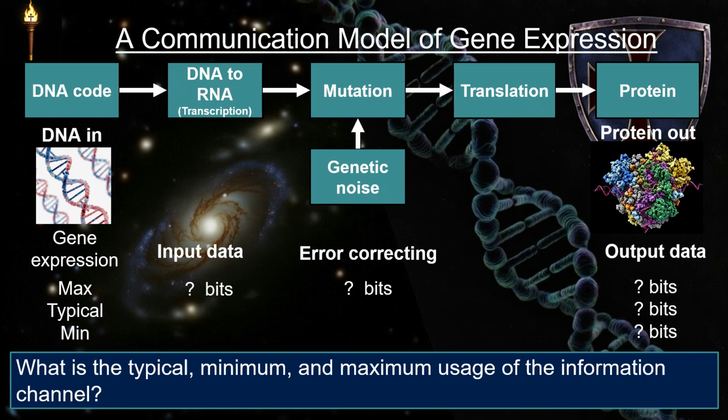We have three values we'd like to understand. What is the maximum data that can be sent through the communication channel, and how much of that is the output data, typically how much information is used, and what's the minimum amount of information that's used.